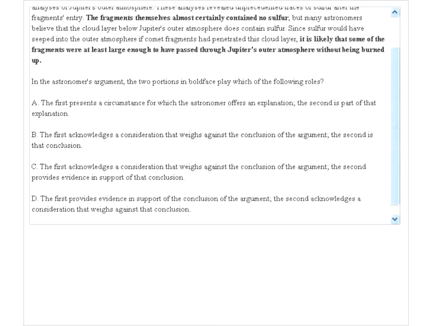First boldface. All right. So that is a claim because, again, it has a qualifier on it. You wouldn't present facts with almost certainly.